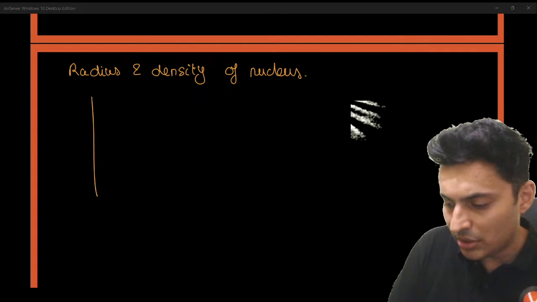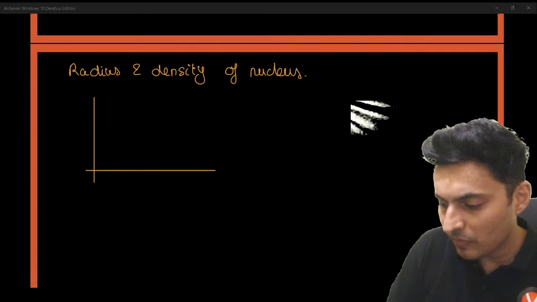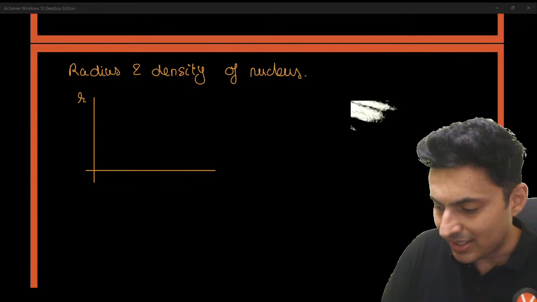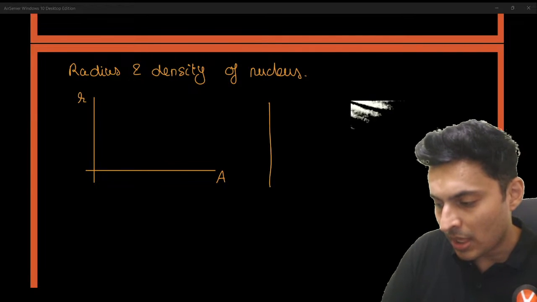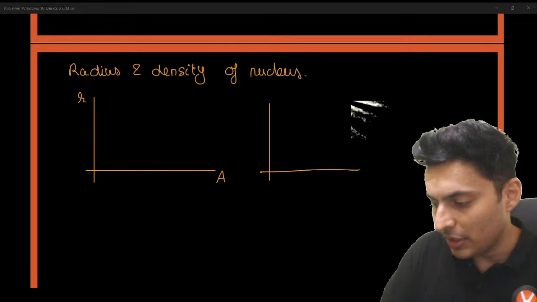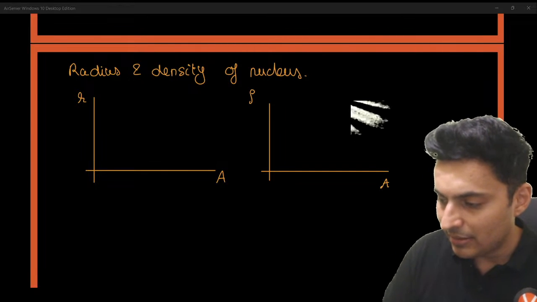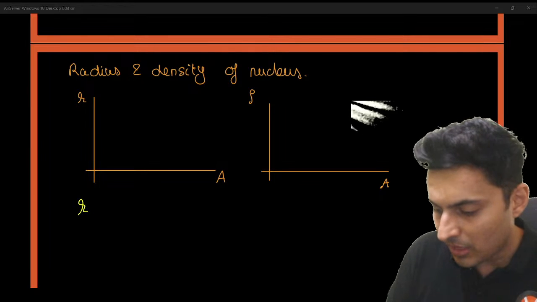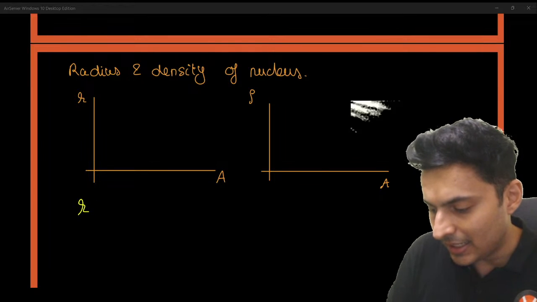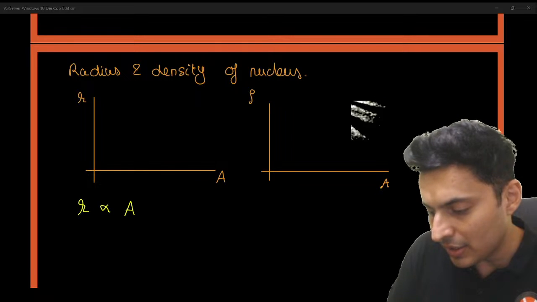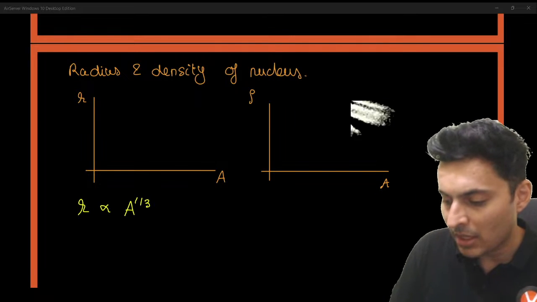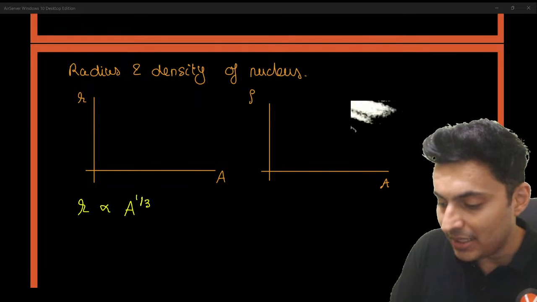So if you talk about radius of a nucleus versus the atomic mass number, and density of the nucleus versus the atomic mass number, well, radius is directly proportional to A raised to 1 by 3. A raised to what? 1 by 3.